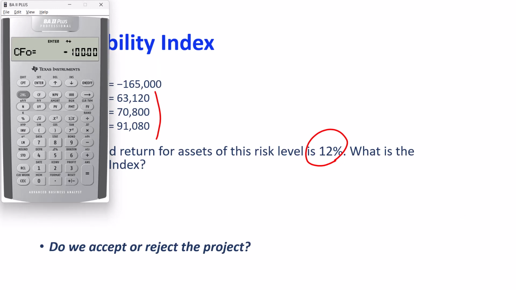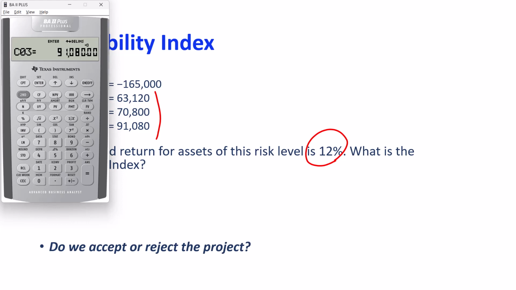The cash flows, let me just clear this, are 165,000 today, and then 63,120 for year 1. Year 2 is 70,800, and year 3 is 91,080.